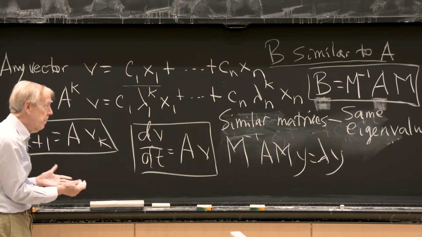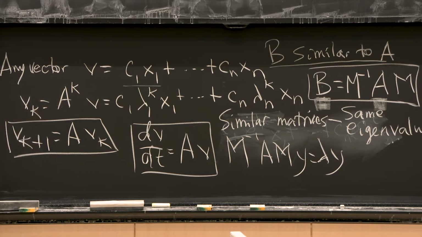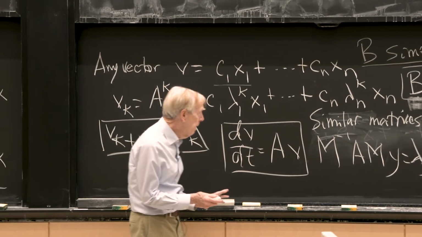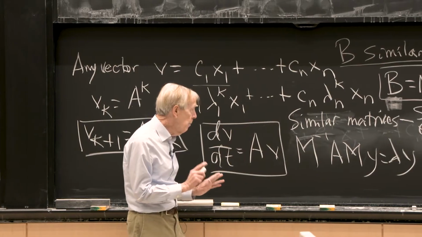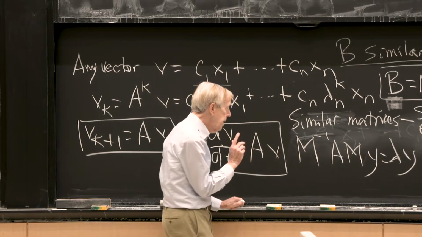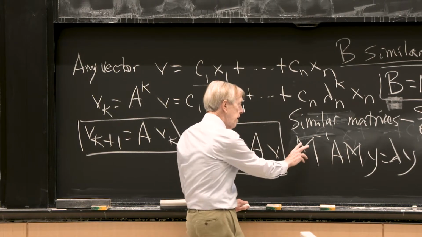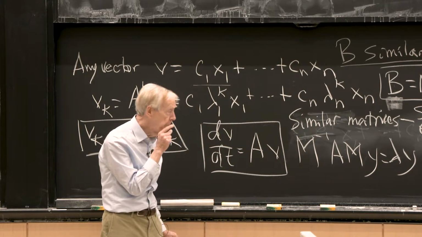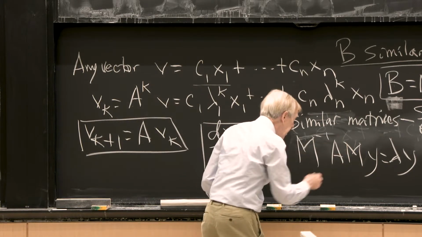I mean, if I can't do it soon, I'm never going to do it. So what am I going to do? Define the vector x equals M y. Yeah, I could. M y is going to be a key, and I can see M y coming. Just when I see M inverse over there, what am I going to do with the darn thing? I'm going to put it on the other side.